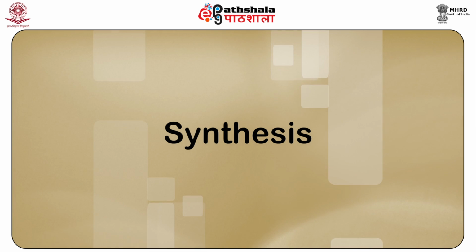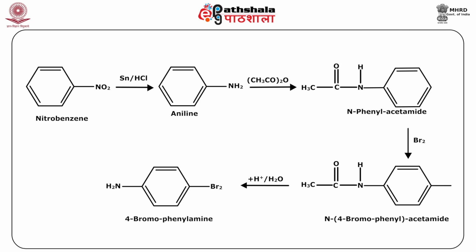The synthesis of 4-bromophenylamine can be done in 4 steps starting from the simple reagent nitrobenzene, as discussed in the retrosynthetic approach. Nitrobenzene is reduced to aniline using tin and HCl as a reducing agent. Aniline is then acetylated using acetic anhydride to form N-phenyl acetamide.